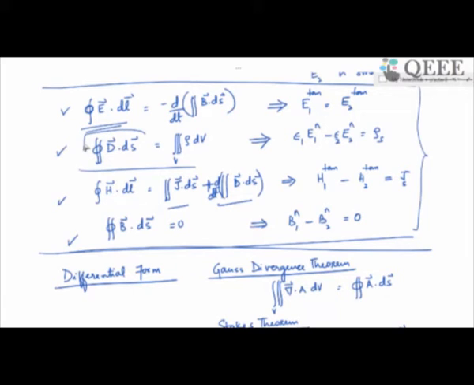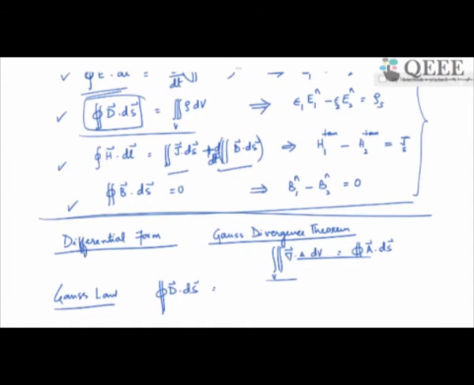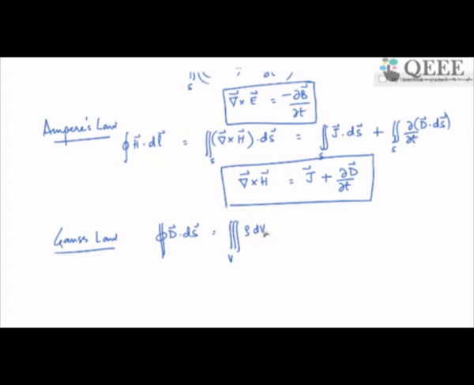If you look at this, the surface integral D dot ds is nothing but the volume integral of the divergence of D. Gauss law in the integral form is the closed surface integral D dot ds equal to the volume integral rho dV.